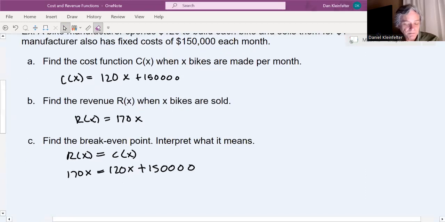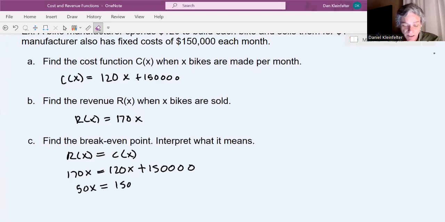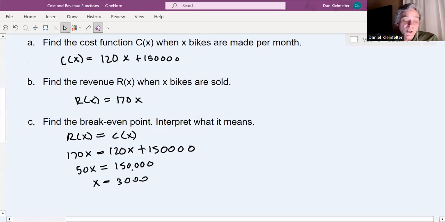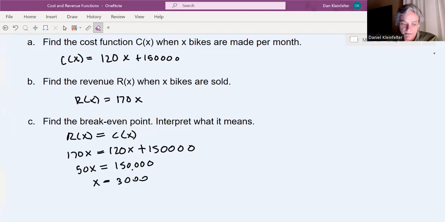So subtracting the 120x from both sides, that will leave us with 50x as 150,000. So dividing through by 50 should give us 3 followed by 3 zeros. 3,000 looks like. All right, so what is that? So they can make 3,000 bikes per month.